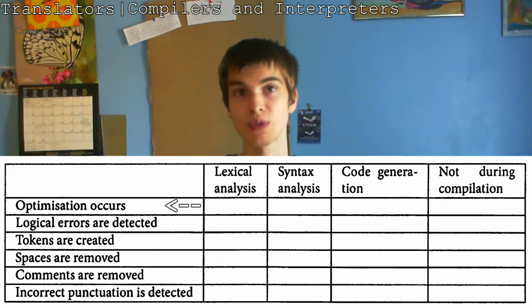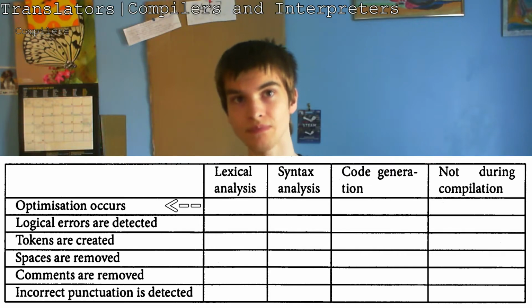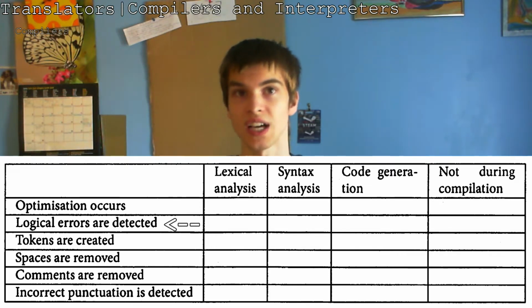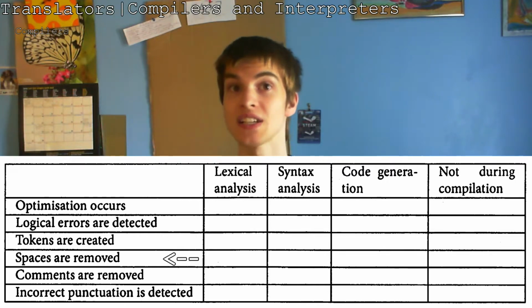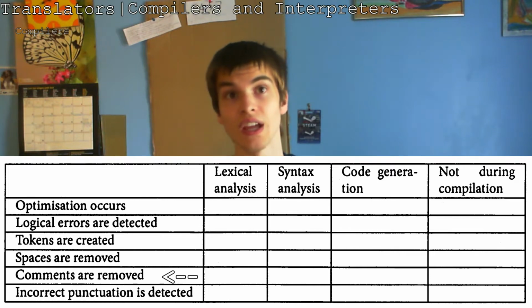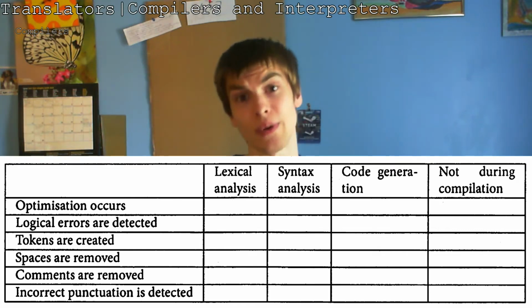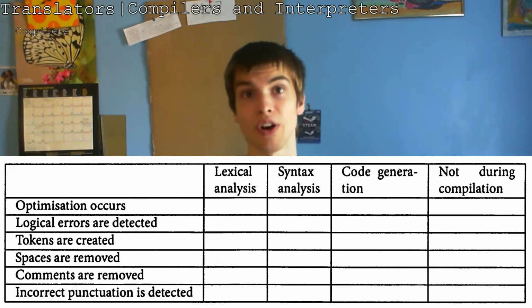So: optimization occurs, logical errors are detected, tokens are created, spaces are removed, comments are removed, incorrect punctuation is detected. So if you want to have a go at this, just pause the video now and you can have a go at it.